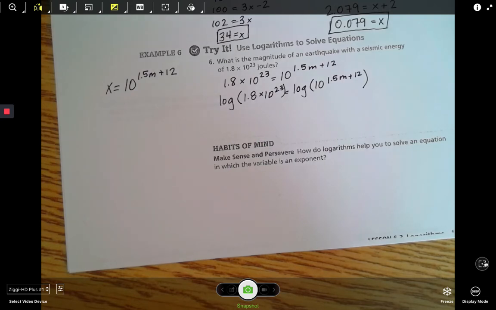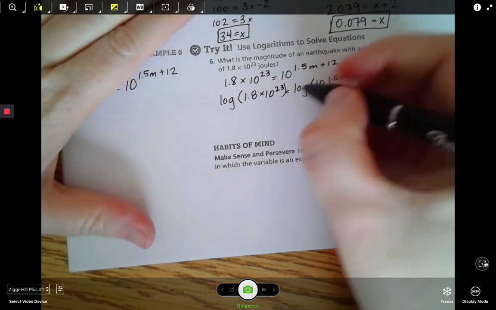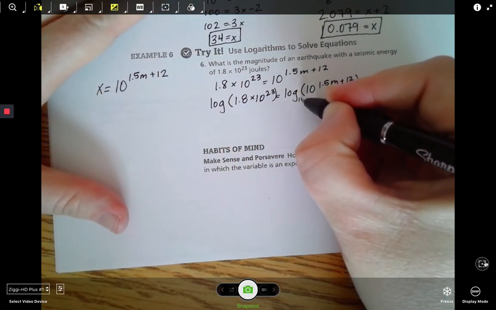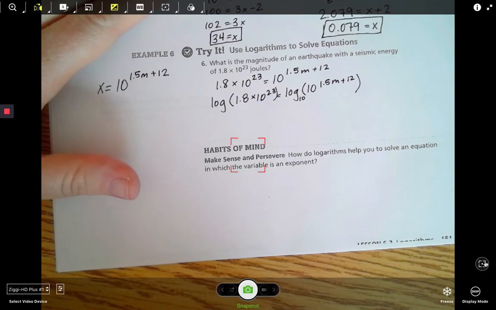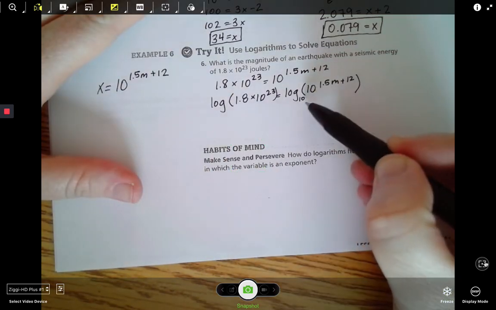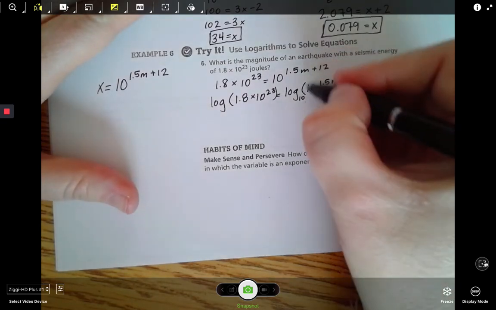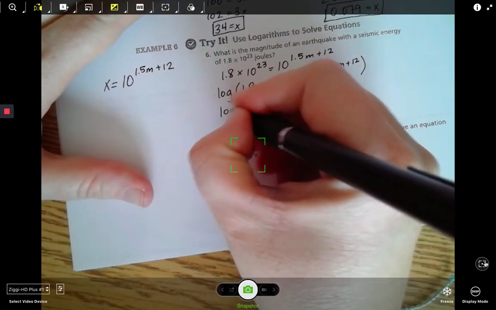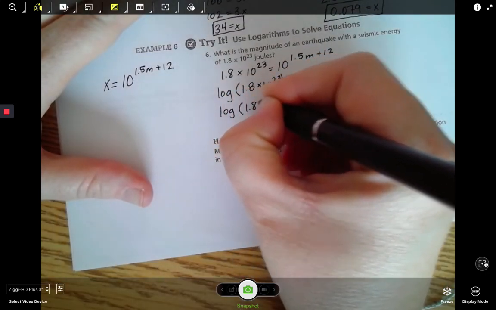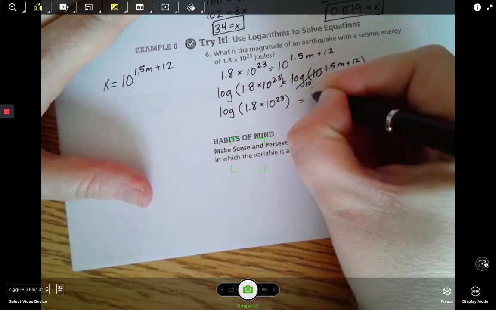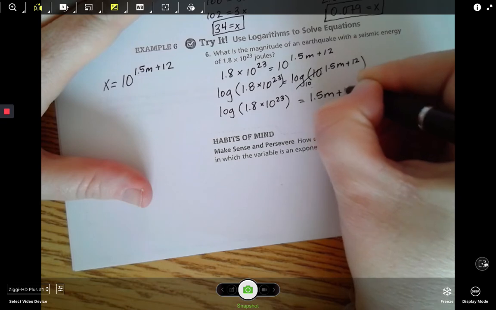We haven't really talked about a whole lot of properties of logarithms, but this right here is a property of a logarithm because log has an understood base of 10, right? So if you've got a base of 10 and in your parentheses your number is the same as the base, they automatically cancel each other out, okay? So now I've got log of 1.8 times 10 to the 23rd is equal to 1.5 M plus 12.